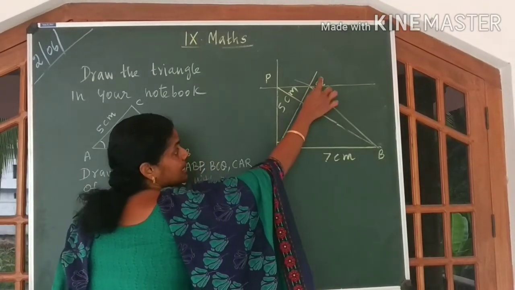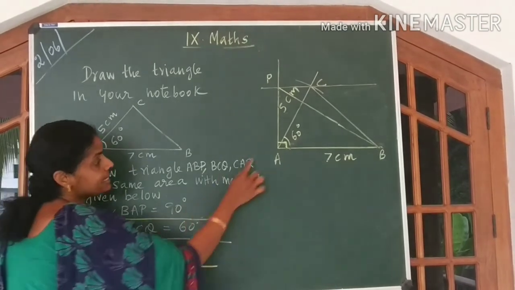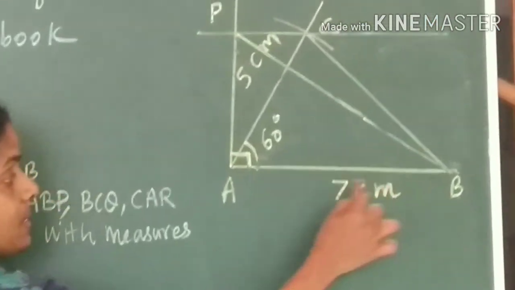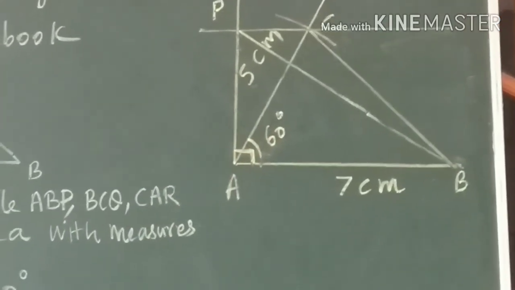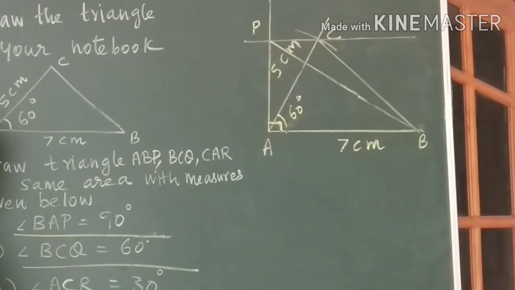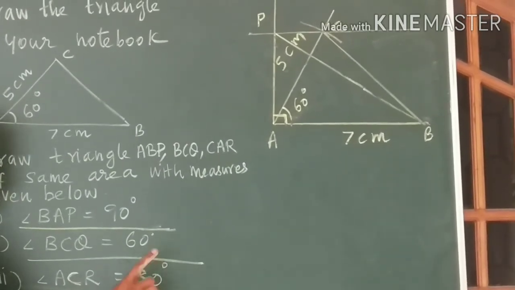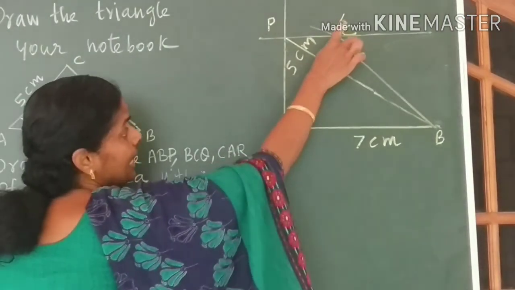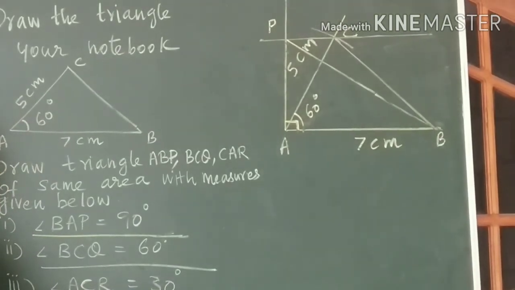With BC as base, Q should be taken on a line drawn parallel to BC through A, and mark the angle like in the first problem. Similarly, the last one, angle ACR is equal to 30 degree. So take AC as the base. Taking AC as the base and ACR equal to 30 degree, complete the triangle.